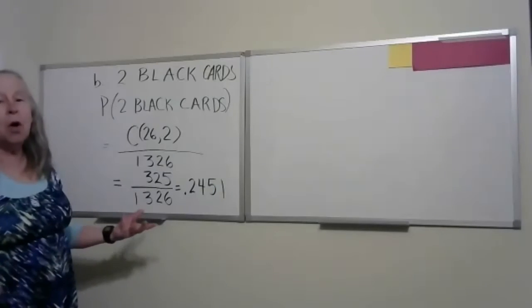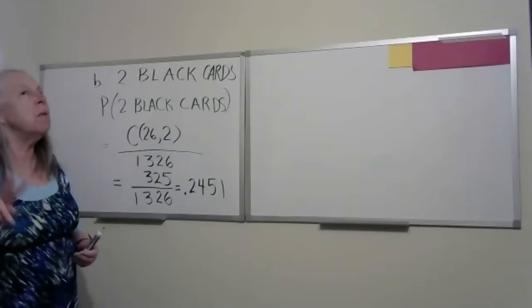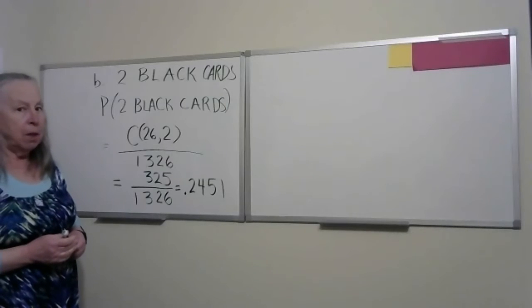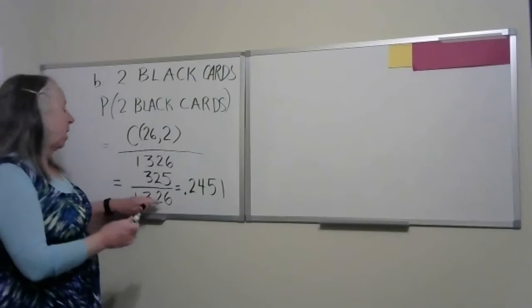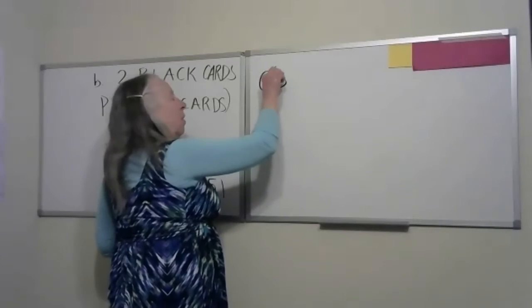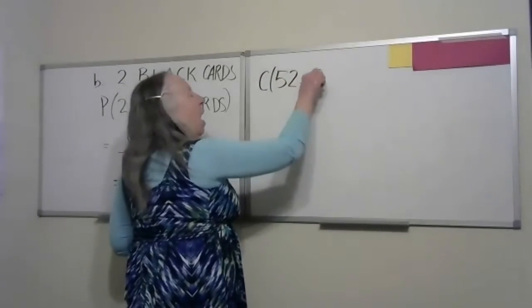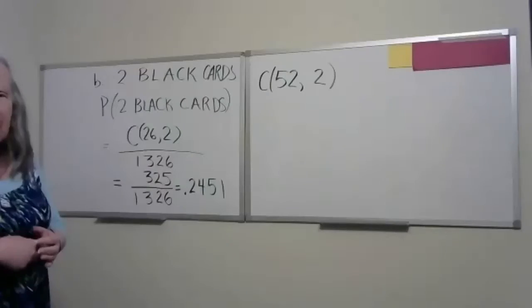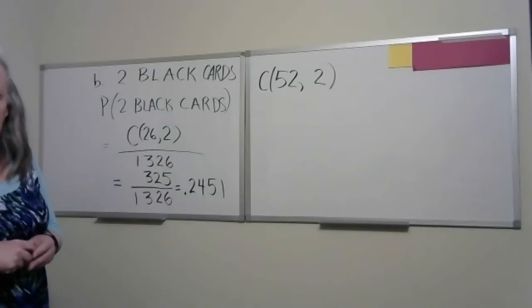That's the total number of 2 cards that we can choose. In other words, the way that we got the 1,326 is we took 52 cards and we chose 2 of those. Oh, okay. Matt, did that answer your question? Yeah.